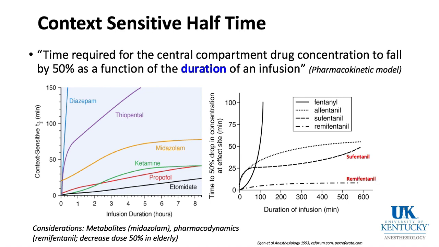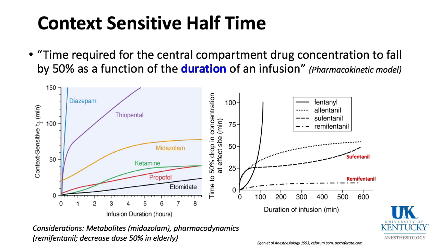And on the right is opioids, showing an example of fentanyl versus sufentanil and remifentanil. And you can see remifentanil has a very flat context-sensitive half-time and a very short one, minutes, such that even if you infuse it for up to 10 hours or longer and you shut it off, it has a predictable and very rapid drop in its concentration.